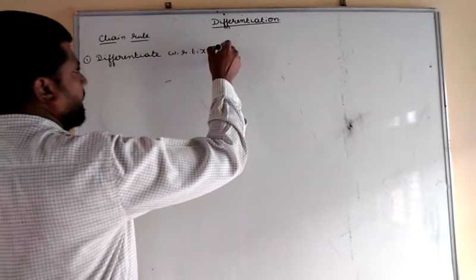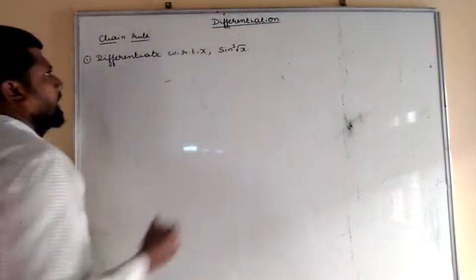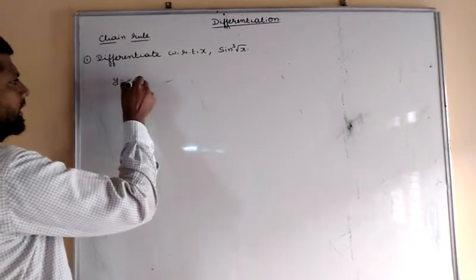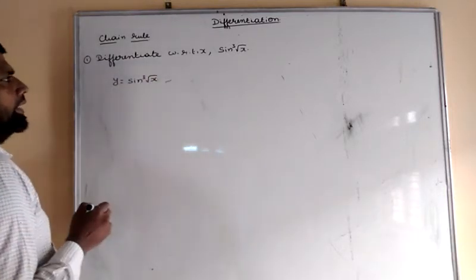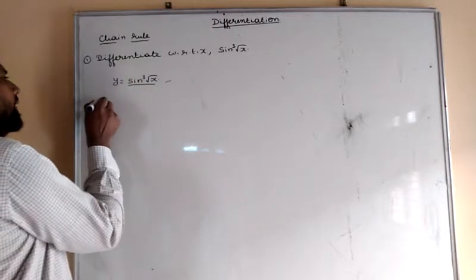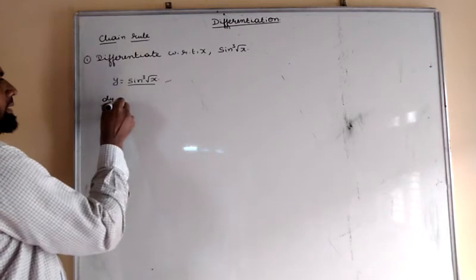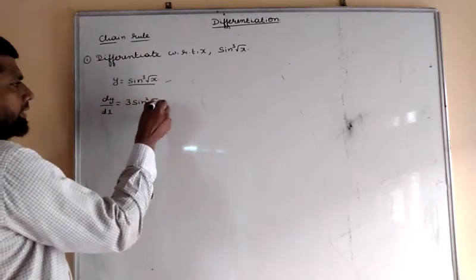So the next problem is sine cube root x. Y is equal to sine cube root x. Here I will consider sine root x as an x, so differentiation of y with respect to x is 3 sine square root x.